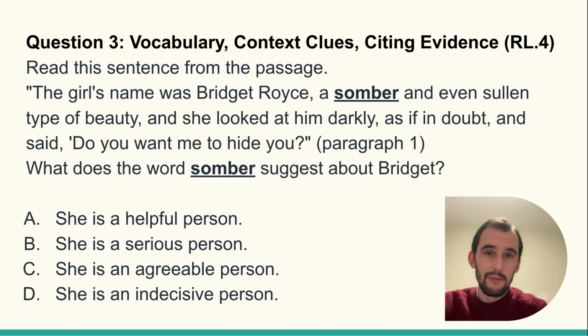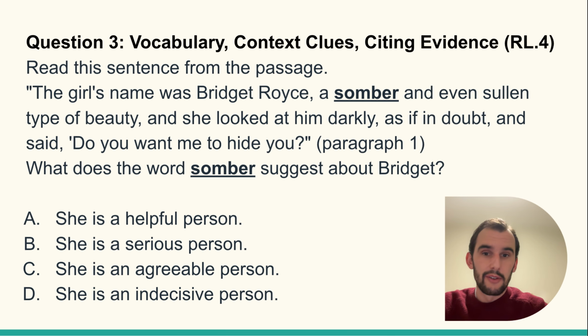So if we know what sullen means, we can kind of figure out that somber is something similar. And then after that, we see that she looks at him darkly, as if in doubt. So she's kind of testing him. She's kind of evaluating him in this moment, which isn't the idea of helpful just yet. We get the idea of helpful later on when she asks him the question, do you want me to hide you? But when somber appears in the passage, it's more about her kind of intense attitude towards him.